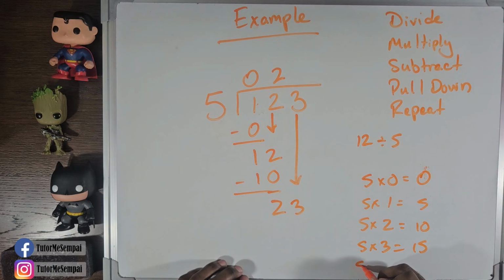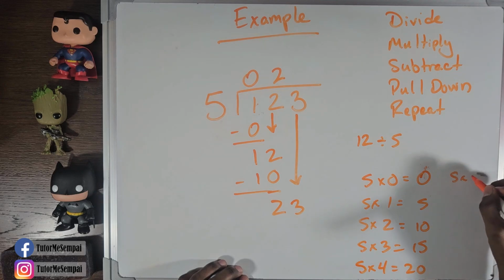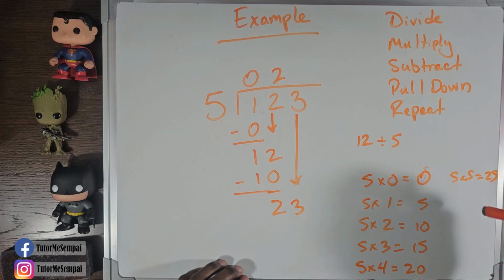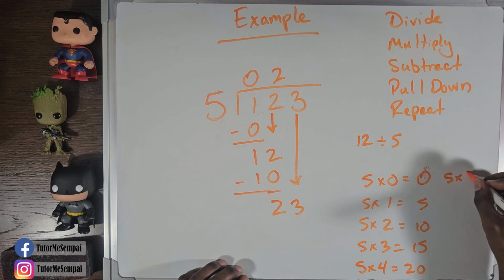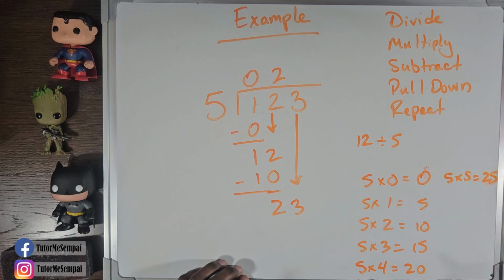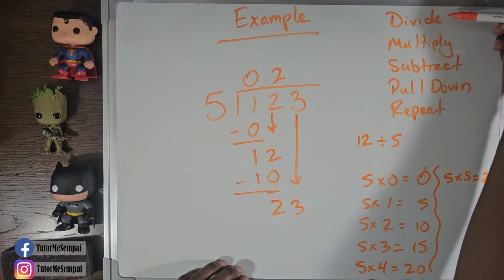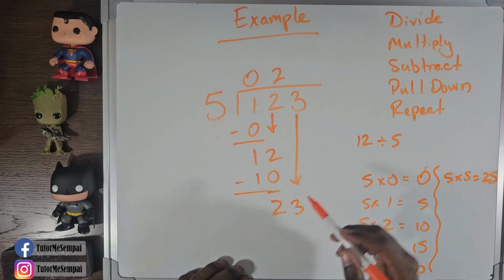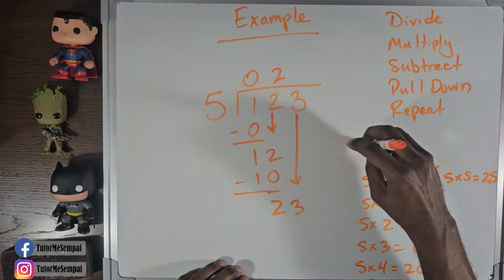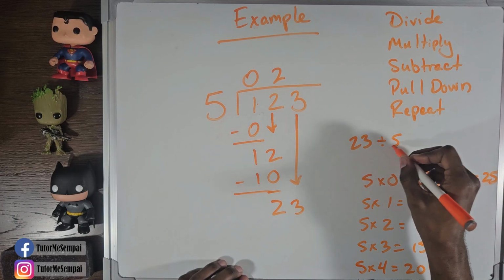So 5 times 4, let's add another one. And then 5 times 5 gives you 25. I'll move that over. You can see it a bit better. 5 times 5, 25. All right? Okay? So now we want to start back at the top. Divide 23 by 5.